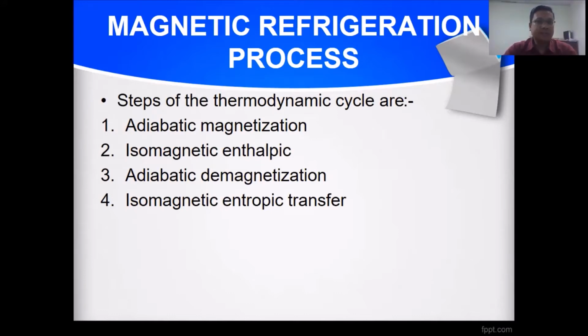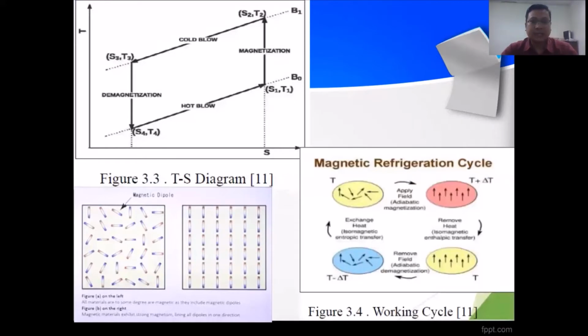The first is adiabatic magnetization, the second is isomagnetic enthalpic transfer, the third is adiabatic demagnetization, and the last is isomagnetic entropic transfer. How this process works in one cycle of the magnetic refrigeration, I will explain in detail in the next slide.